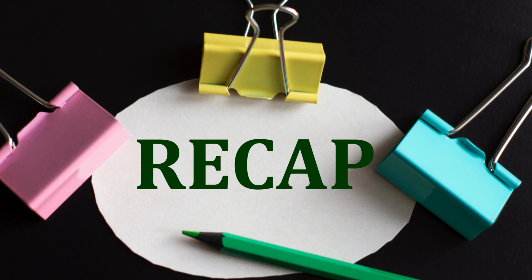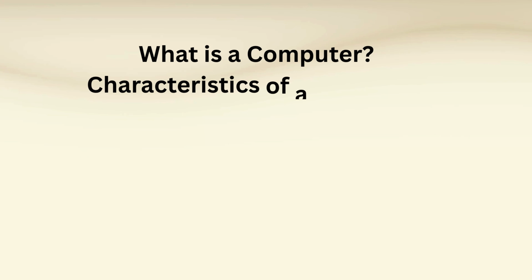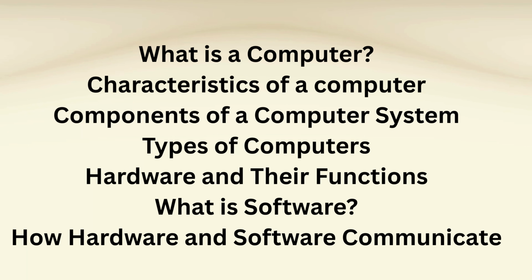What I've said so far, that I want you to learn as we begin the journey of learning computer basics for absolute beginners, is this: I talked about the definition of a computer. What is a computer? I also talked about the characteristics, the features of the computer.